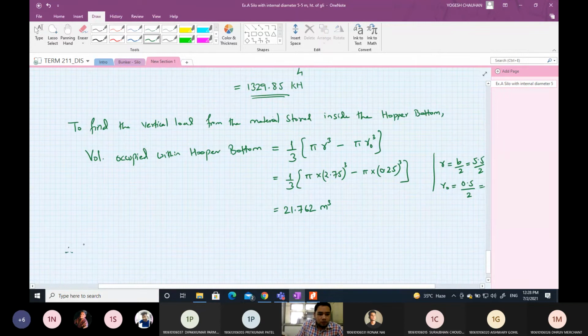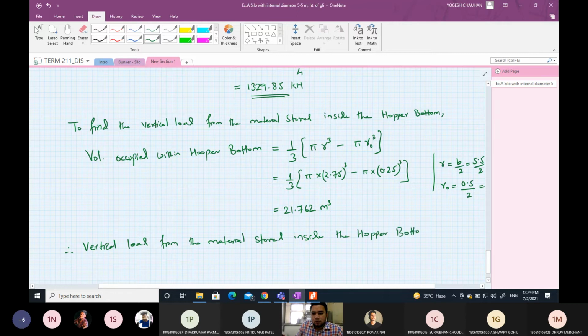Therefore, the vertical load from the material stored inside the hopper bottom will be equal to 21.762 multiplied by 8.5, that is gamma.